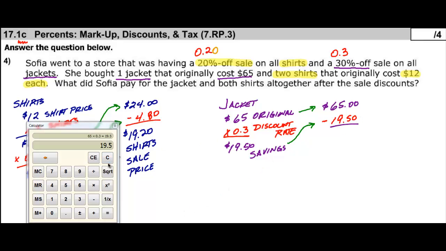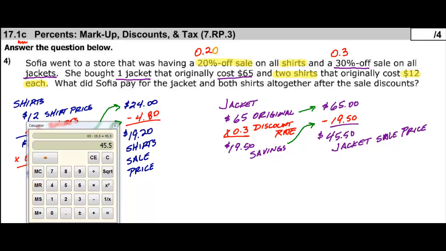And when I do that subtraction, 65 minus 19.50, I have $45.50. That is the jacket sale price.